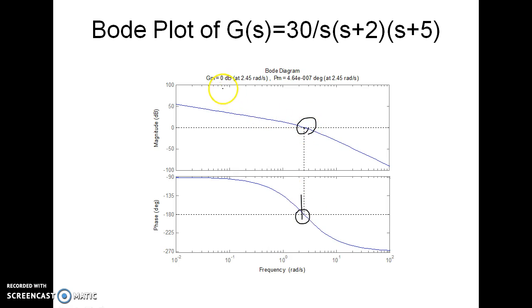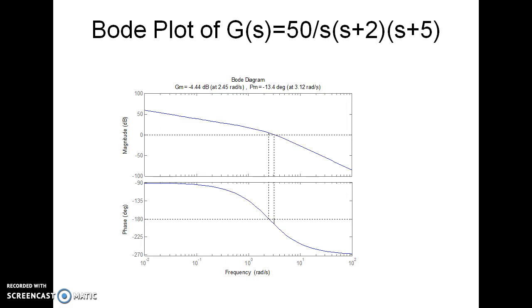The GM becomes 0 dB and the phase margin is approximately 0. It is 4.6 into 10 raised to minus 7, so it is approximately 0 degrees. Here we don't get any margin to add in the system. The system is defined here as a marginally stable system.